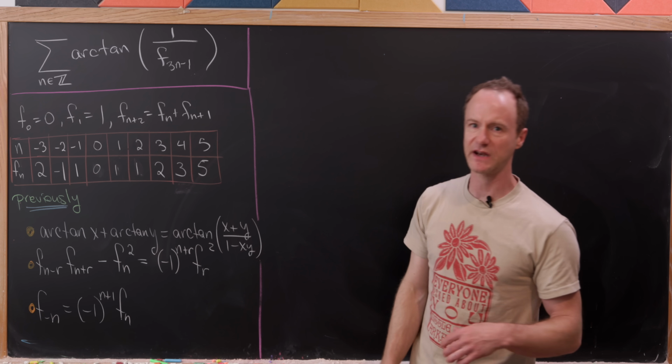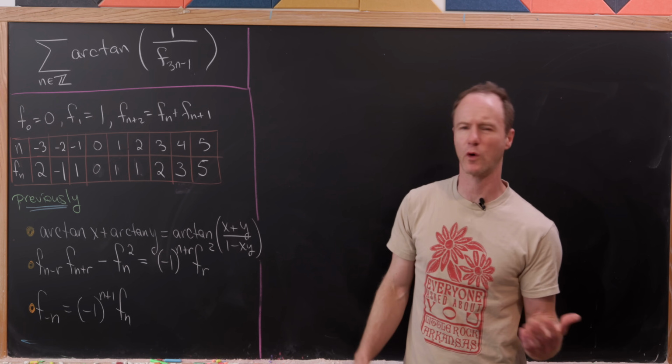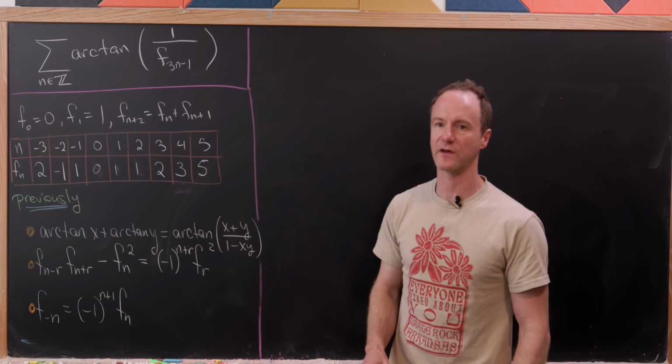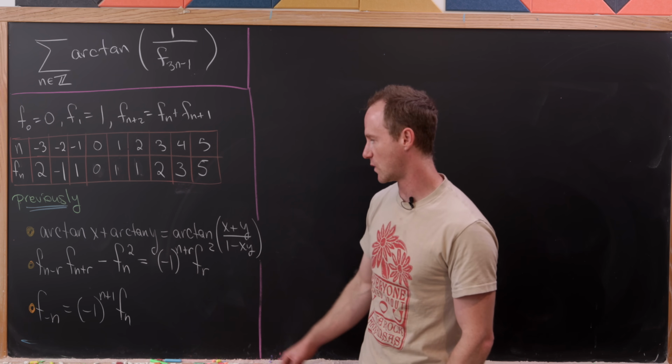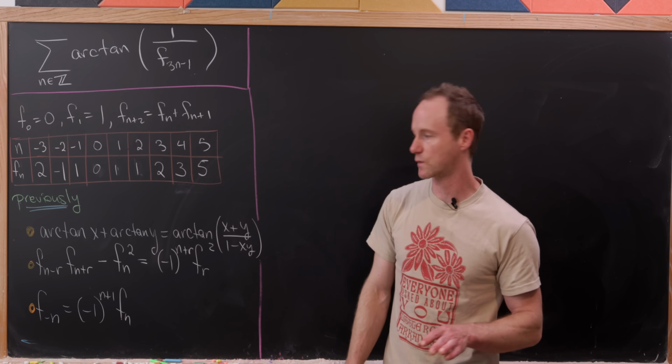Okay. We're also going to need some tools which we've developed on the channel before, in addition to one more which we'll derive quickly. So the first is this sum formula for the inverse tangent. We have arctan of x plus arctan of y is equal to arctan of (x plus y) over (1 minus xy).